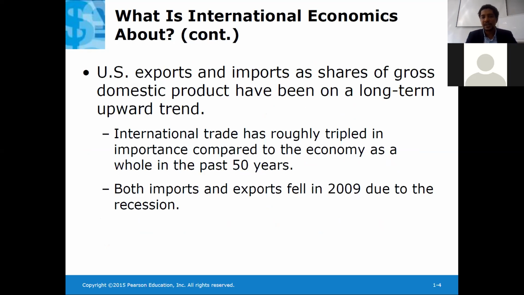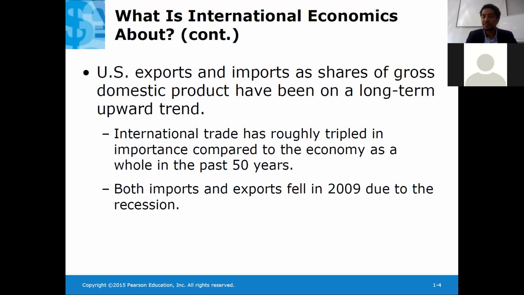Okay, so US exports and imports as shares of gross domestic product have been on a long-term upward trend until 2008. Okay, then it went down because of the recession in 2008, 2009, right? So international trade has roughly tripled in importance compared to the economy as a whole in the past 50 years.